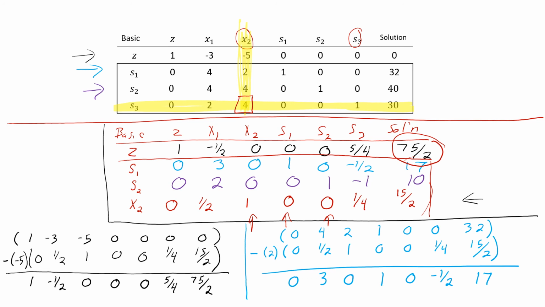So now, we found that. What do we have to do? We have to do the same thing again. So we identify our non-basic variables, x1 and s3. Find the biggest negative value in the z row.